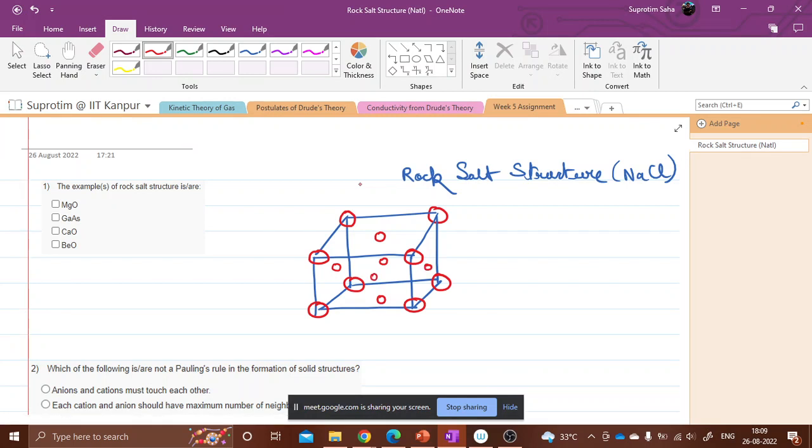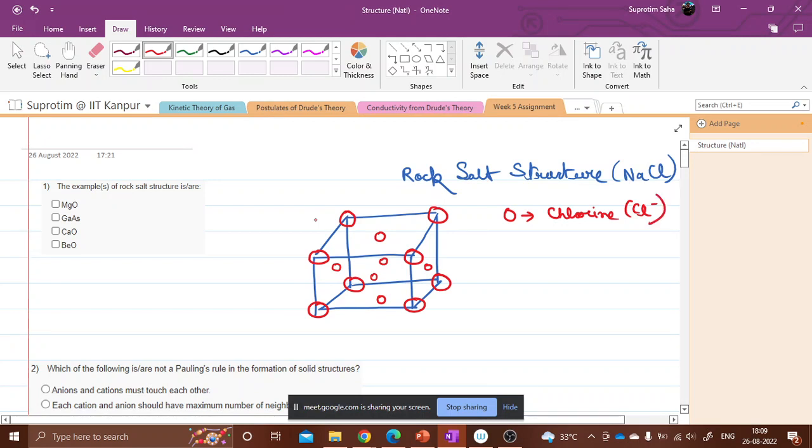These are the chlorine anions, so this is Cl minus.